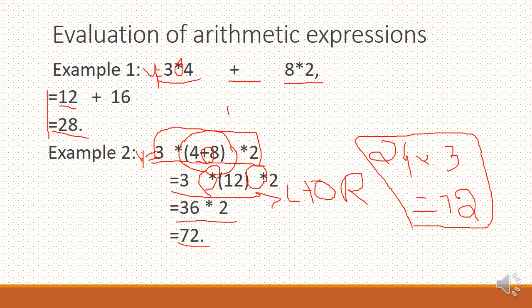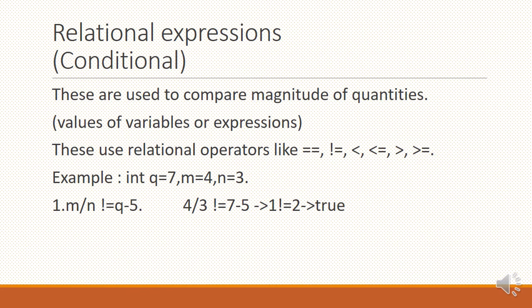Let us hope all of you understood the precedence and associativity. Next is the relational expression. If we are writing expressions using the relational operators, then they are called relational expressions.